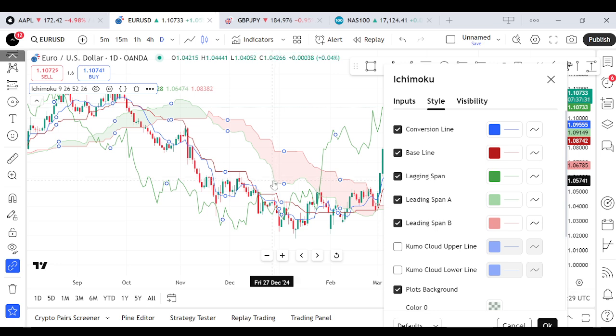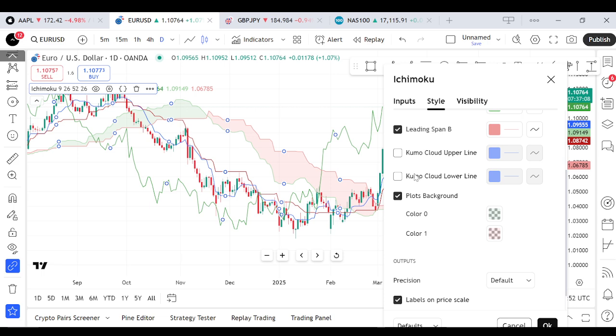Remember, Ichimoku is a Japanese indicator, so we call the cloud Kumo, and this cloud highlights areas of support and resistance. Finally, the Chikou span, which is the lagging span, the green line, reflects current price action relative to past prices, providing additional confirmation of trends.